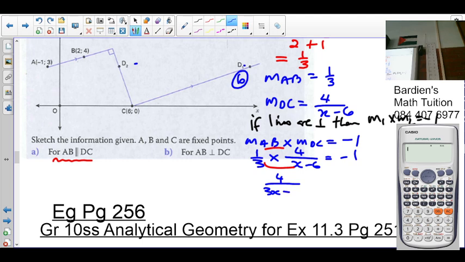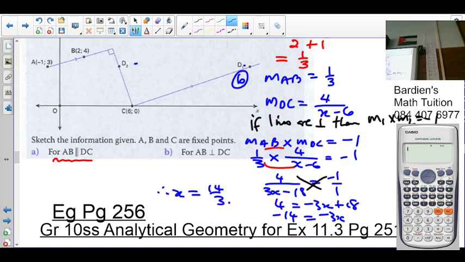It's 3x minus 18 is equal to negative 1 over 1. Cross multiply. So 4 is equal to negative 3x plus 18. Negative 3x is equal to negative 14. Therefore, x is equal to 14 over 3. Do you guys understand?